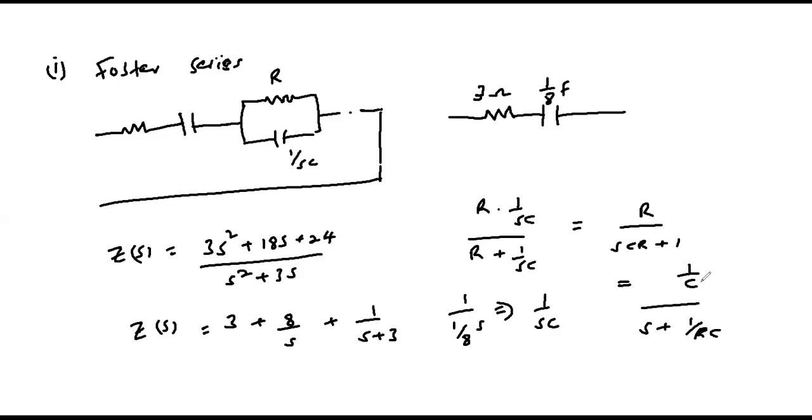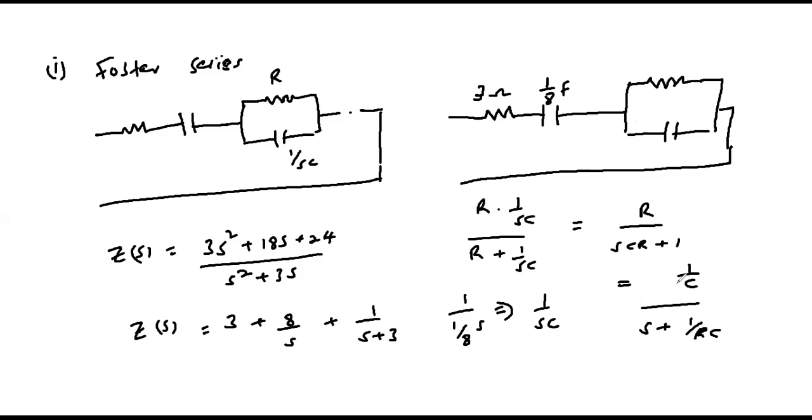That means the numerator will be a constant, and the reciprocal of the constant will give us the value of the capacitor. So here we'll have a network that has a resistor in parallel with a capacitor, and the value of the capacitance will be obtained from the numerator term.